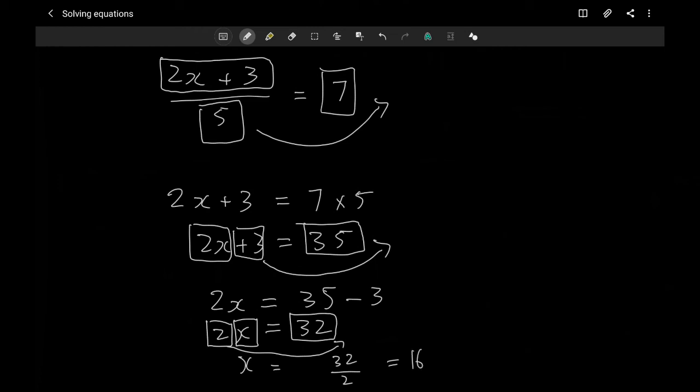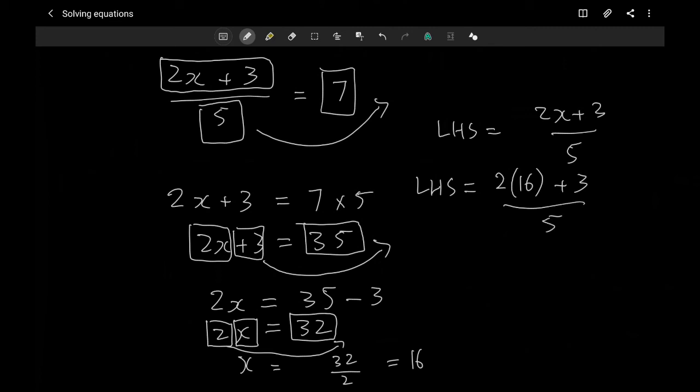So let's double check to see if our solution is correct. The left-hand side is 2x plus 3 over 5. And we know that x is 16, so let's put that in. It'll be 2 times 16 plus 3 over 5.